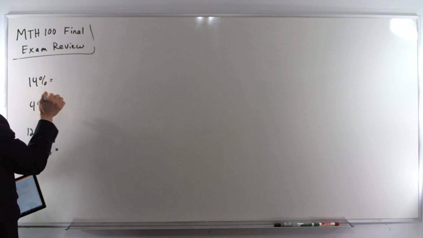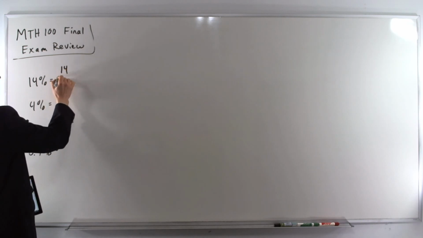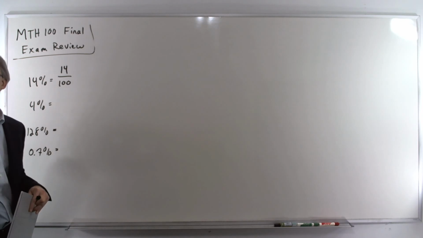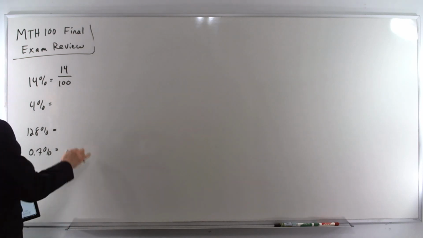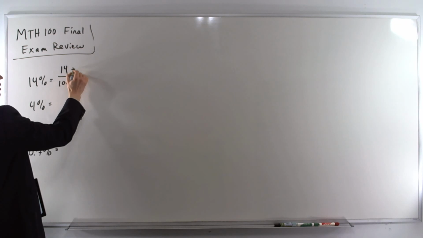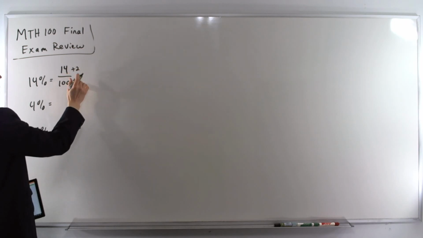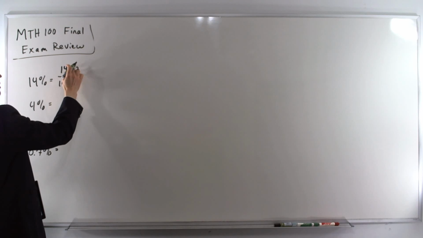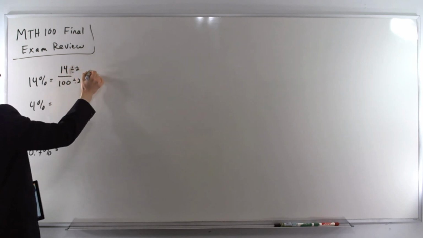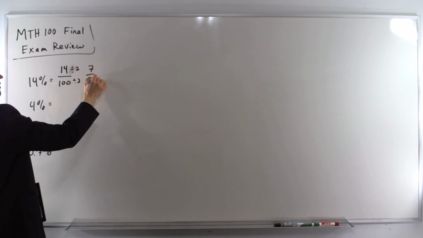So we can take these percents and just write them as a fraction over 100. This is just the definition of what a percent is. Now we can reduce this fraction then, since we have two even numbers. Divide by 2 and divide by 2. That gives us 7 over 50.